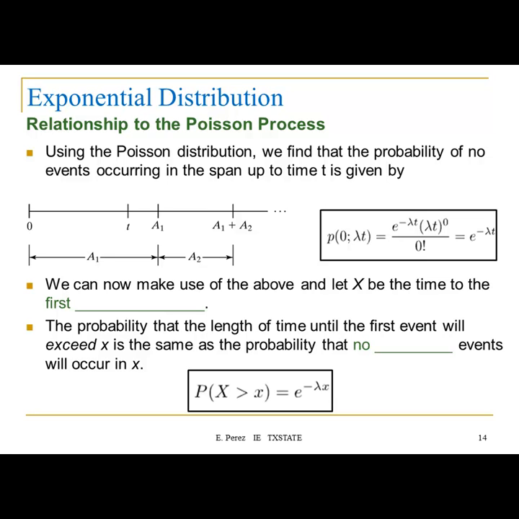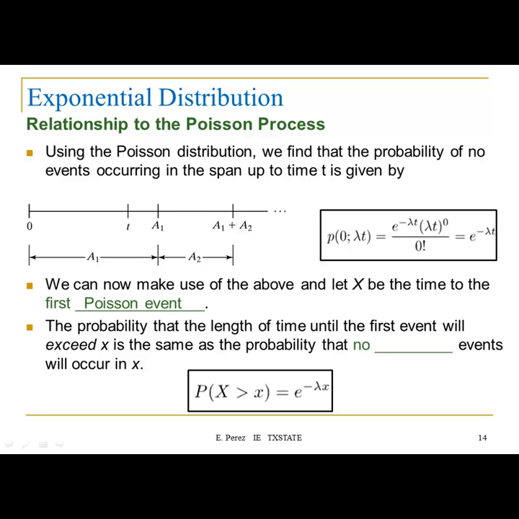And that's what we're trying to show here. So from 0 to t, there's no arrival. So you will find that probability by looking at the probability of x being equal to 0, no arrivals in that time period. We can now make use of the above and let x be the time to the first Poisson event.